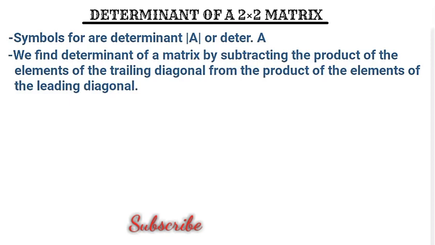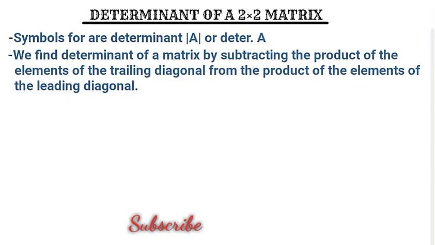If you don't know how to identify the elements that form the trailing and leading diagonal of a matrix, check our description box. We have put a link to a video which will teach you how to identify the elements that form the trailing diagonal as well as the leading diagonal.